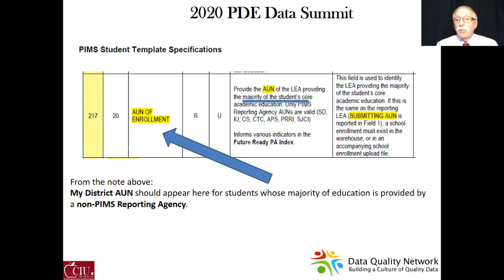Only PIMS reporting entities can appear there. And if you happen to have a child in a private facility where the service is being provided by them and they don't report to PIMS, then my district AUN should appear there for students whose majority of education is being provided by a non-PIMS reporting entity. And that's going to be one of our situations.